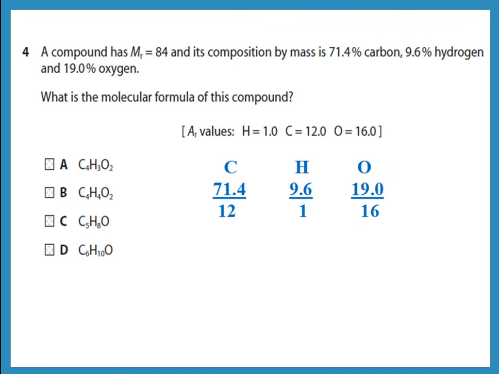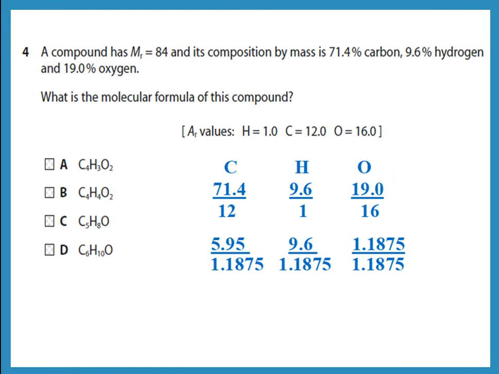So carbon by 12, hydrogen by 1, oxygen by 16. Now the numbers that come out from these divisions, I divide by the smallest. So which one is the smallest? That's 1.19 or 1.1875.